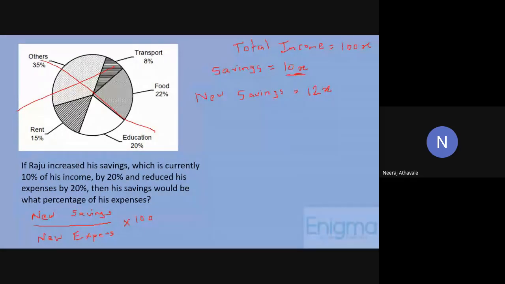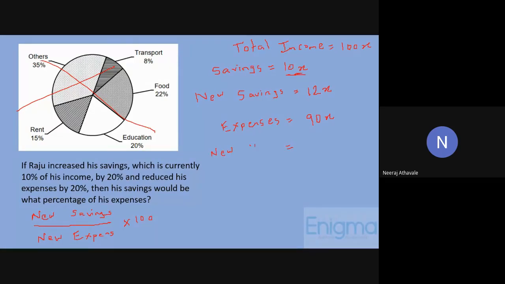Okay, so original savings were 10%, so 10x. So original expenses were basically 90x. Now the expenses have been reduced by 20%. So 20% of 90, that means 18, we will subtract.